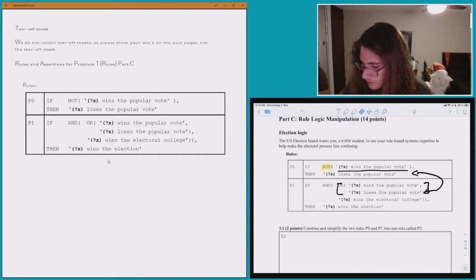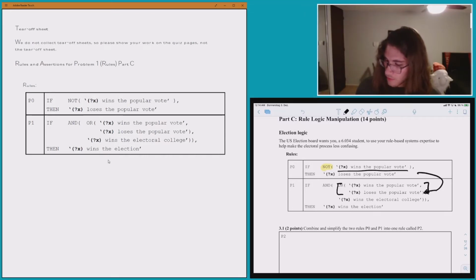Actually, let me reorient that. Yeah, the arrowhead should be there. So this is the consequent of P0, and P0 is only looking for the fact that X wins the popular vote is not in the list of assertions, then P0 really isn't contributing much to P1 in a way.